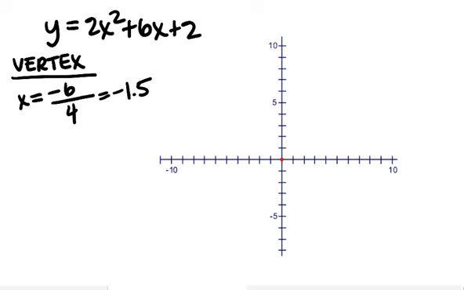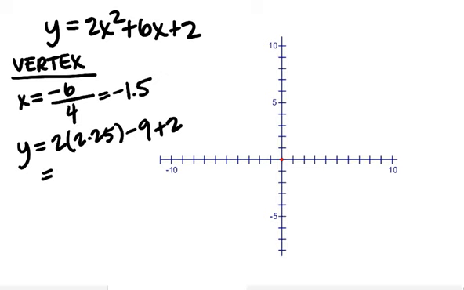And then y, we are going to plug that in. So 2 times 1.5 squared is 4.5, 6 times 1.5 is 9, so that's going to be minus 9 plus 2. All right, so 4.5 minus 9 is negative 4.5, plus 2 is negative 2.5.